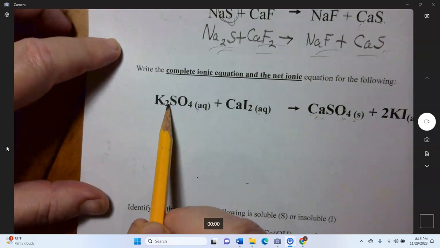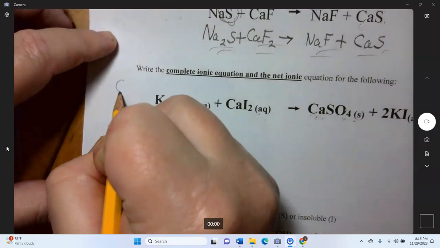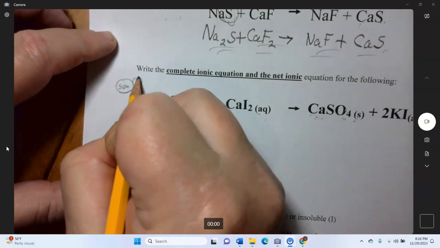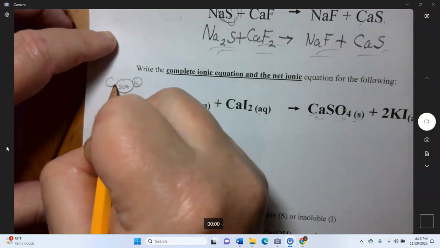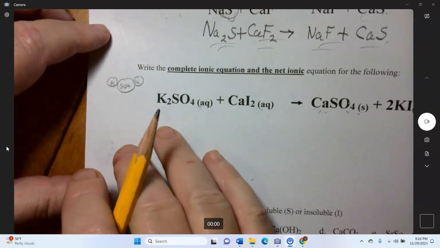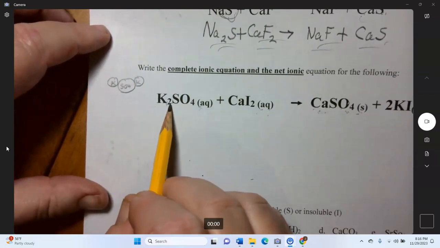So what is this K2? Let's look at what it is. K2SO4, let's just make up a structure here. SO4 with a potassium and another potassium. I don't know what it looks like, but that's good enough. When it breaks up, it doesn't break up into a K2 molecule. There's no such thing.